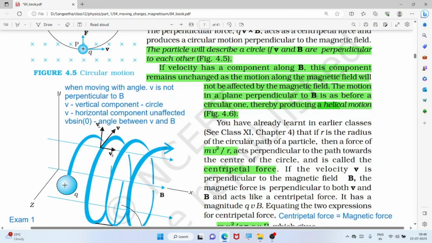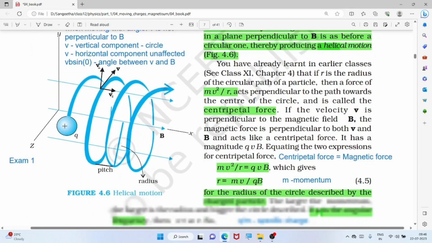The horizontal component will be unaffected, so it will move straight along the magnetic field. The motion in a plane perpendicular to B is a circular one, thereby producing an helical motion.